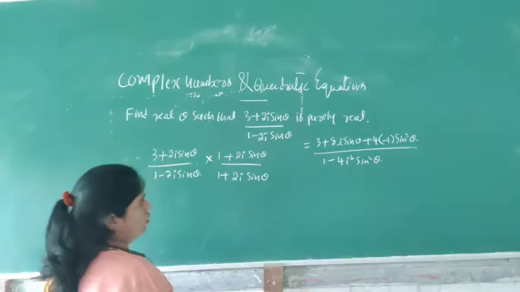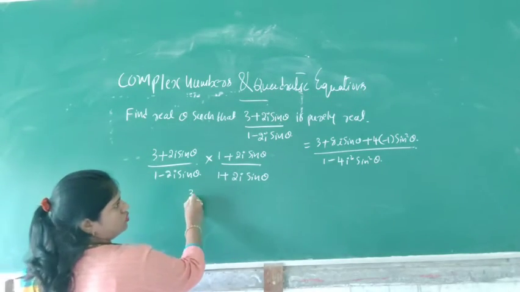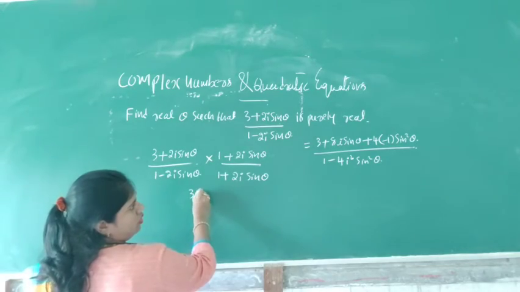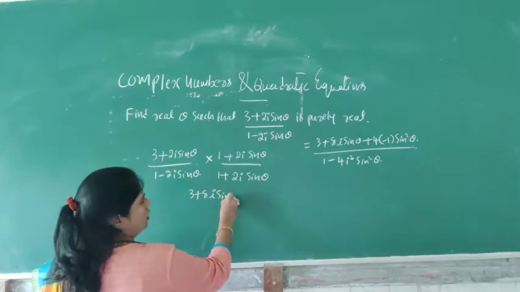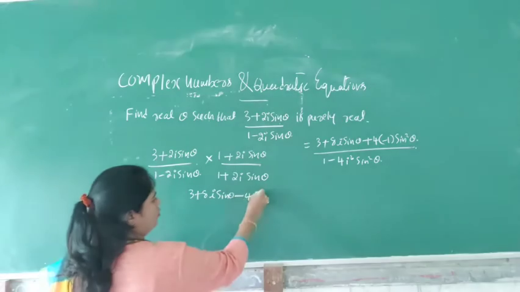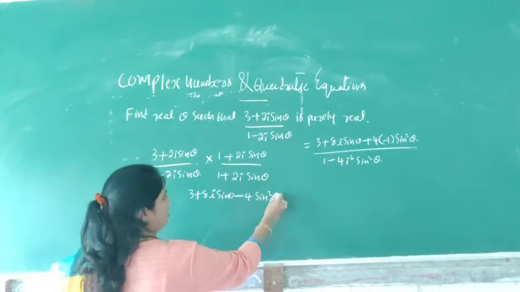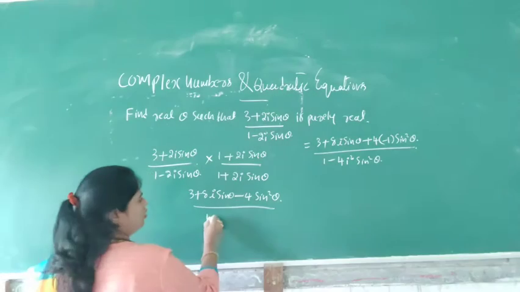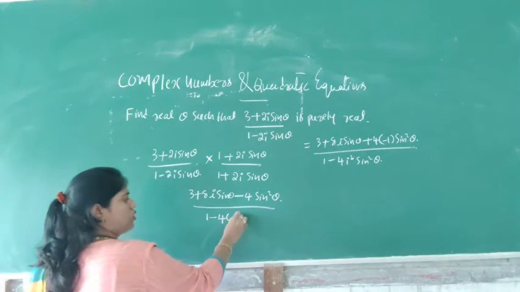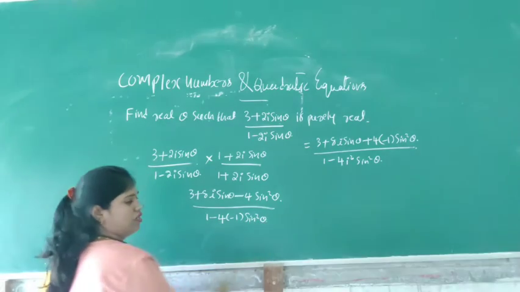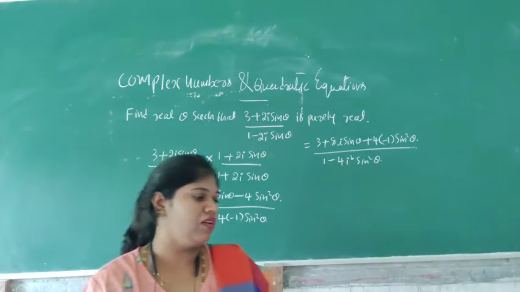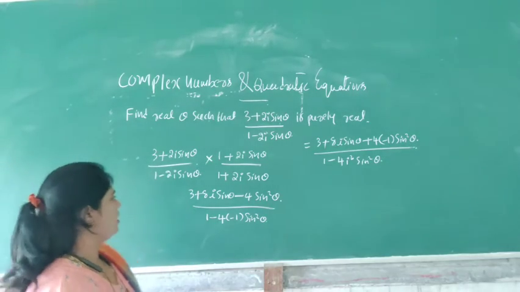So 3 plus 8i sin theta minus 4 sin square theta divided by 1 minus 4 I square sin square theta, where I square value is minus 1. What are they asking here? It is purely imaginary.